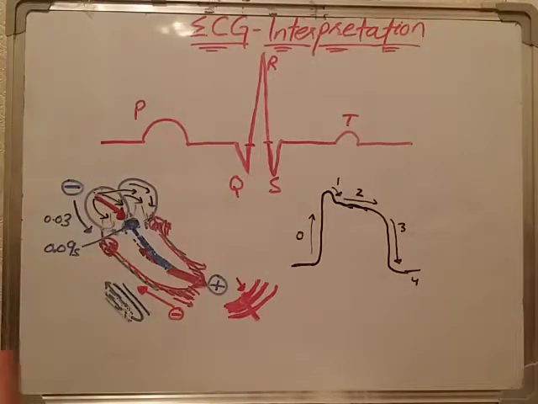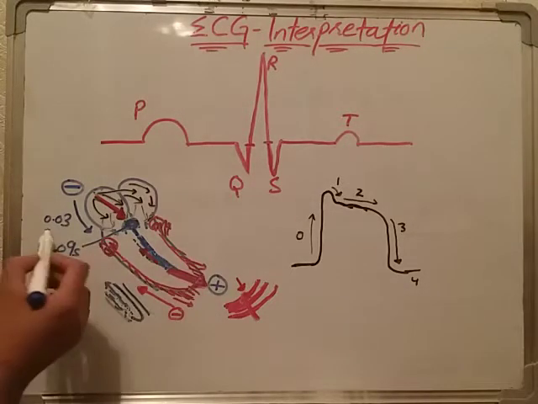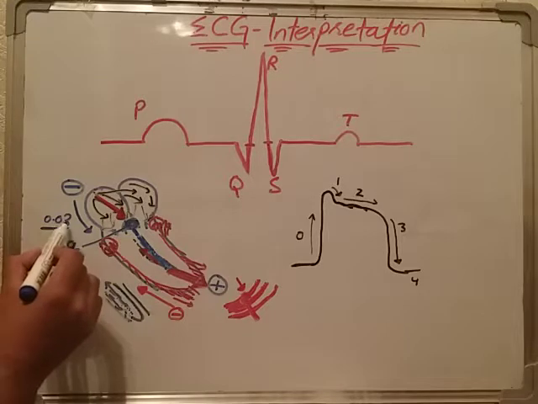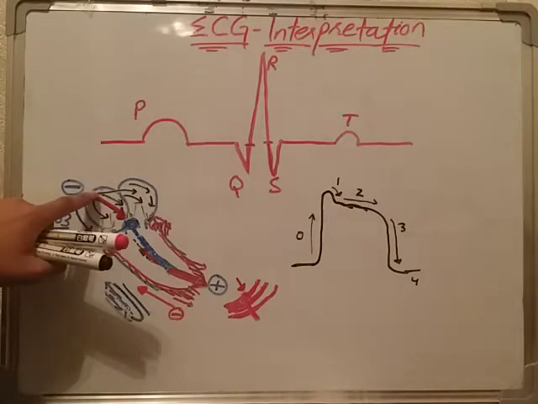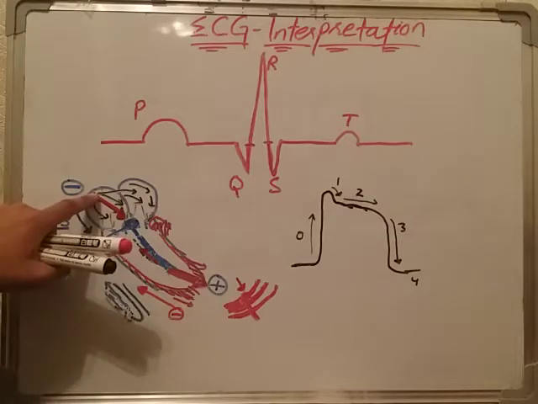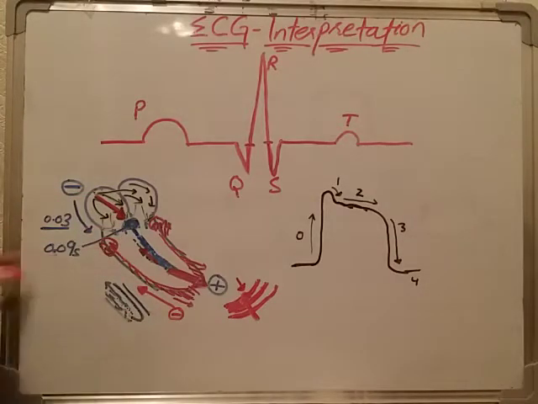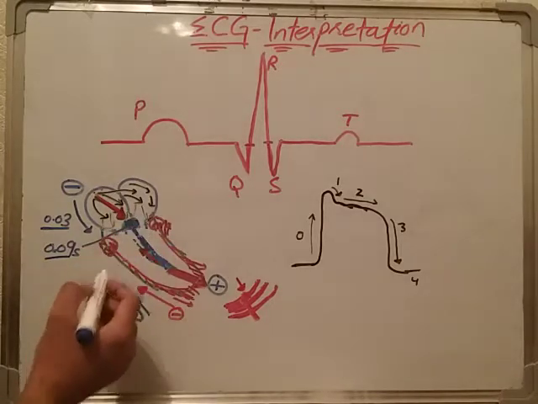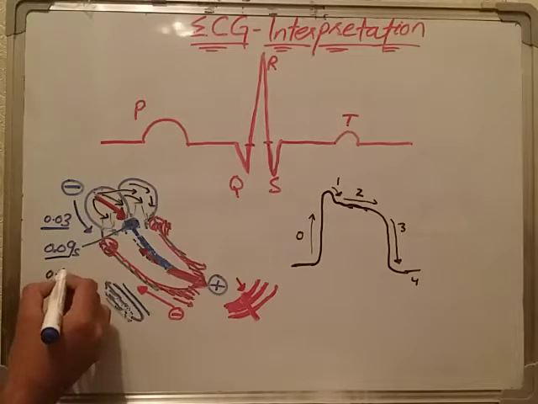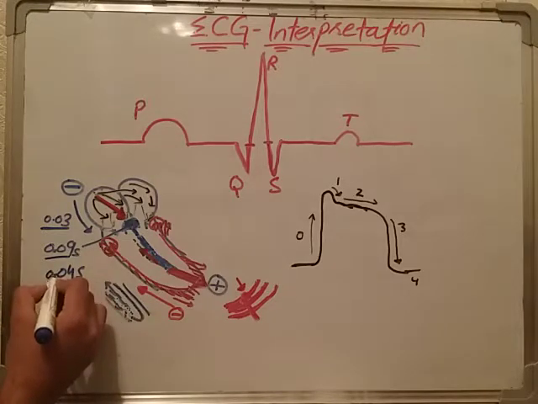So I will discuss here, as we discussed, 0.03 is the time for the impulses to reach from the SA node to the AV node. It will stay for 0.09 second in the AV node, and after this it will reach the Purkinje system in a time of 0.04 second.